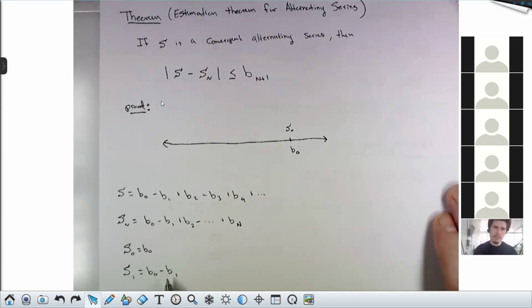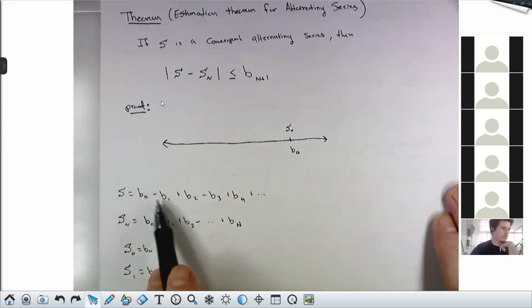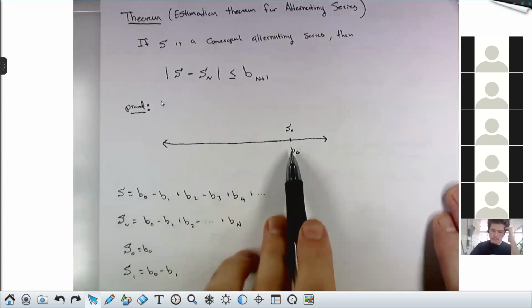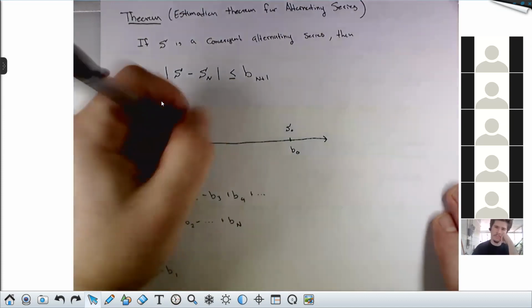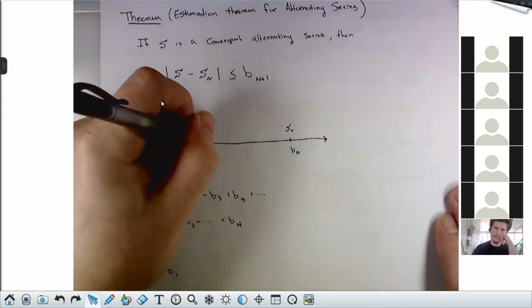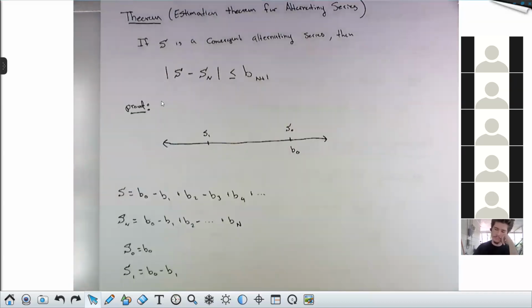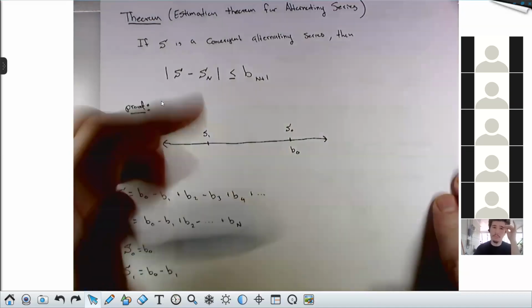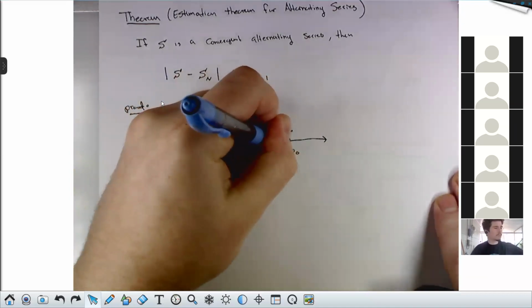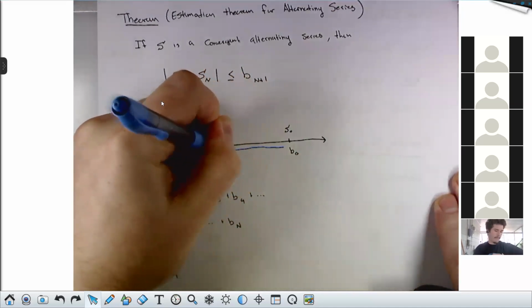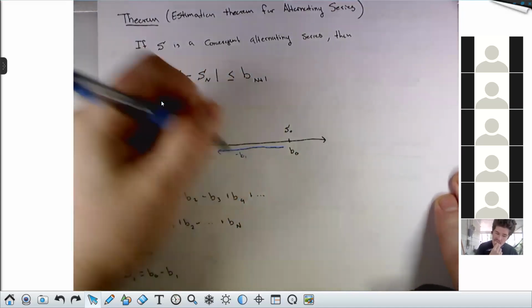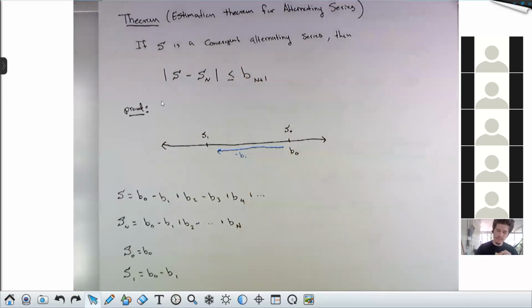B1 is going to be negative. So we take B0, and then the next term of our series is minus B1. So to go from S0 to S1, we need to subtract B1 from S0. So what we're doing over here is we're moving to the left by B1, because we subtract B1. And then what is S2?